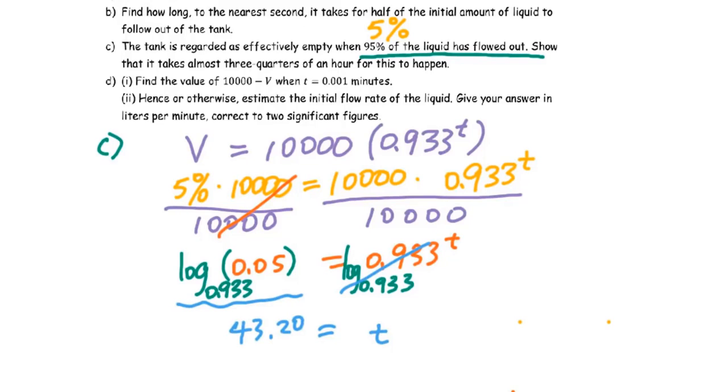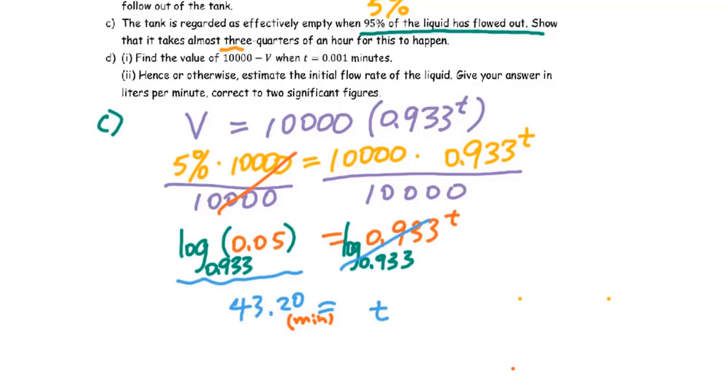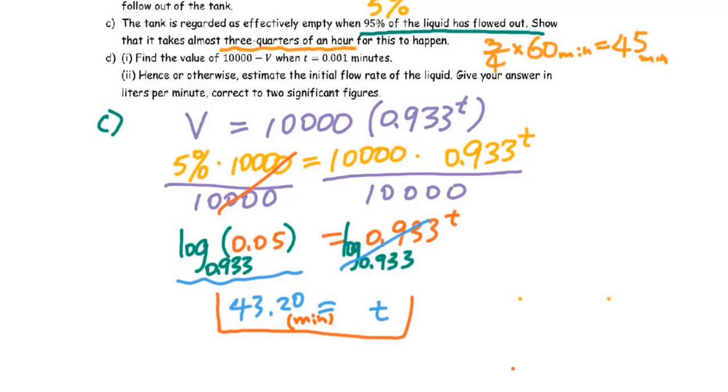You will get 43.20 minutes. As we know, 3/4 of an hour means 3/4 times 60 minutes. That means 45 minutes. In other words, we figure out t equals 43.20 minutes. We proved that it takes almost 3/4 of an hour for this to happen.